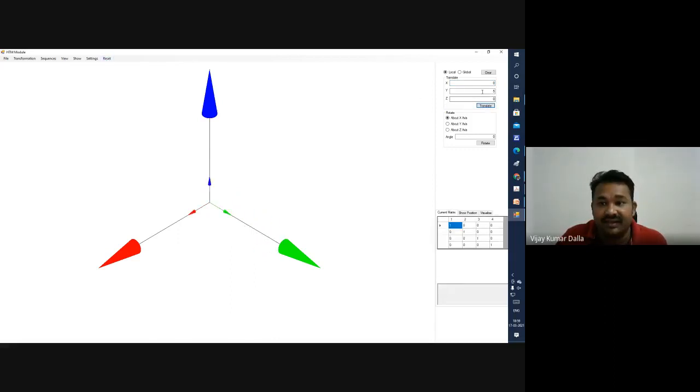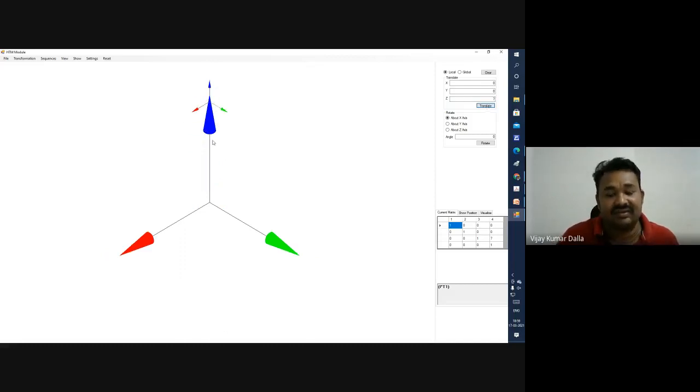Resetting it, putting y is equal to 0, and z is equal to a random value like 7. Okay, see.